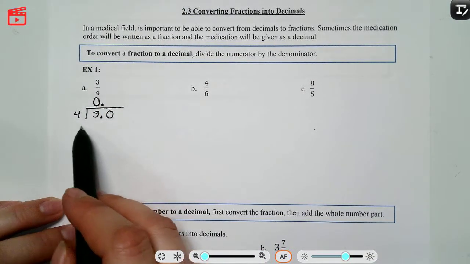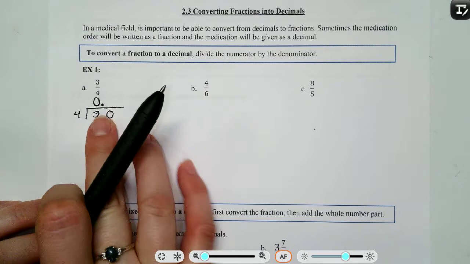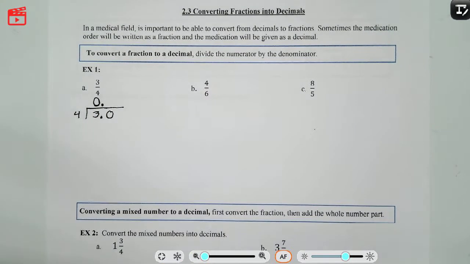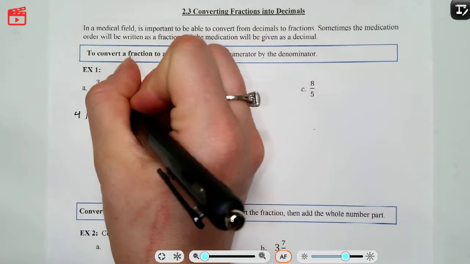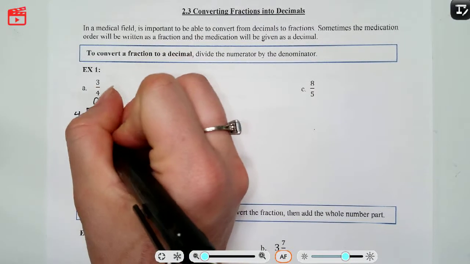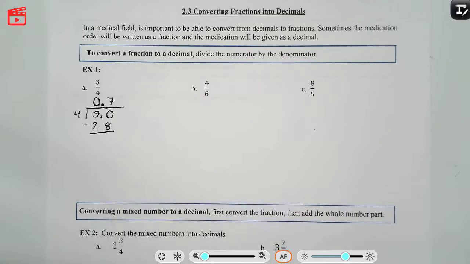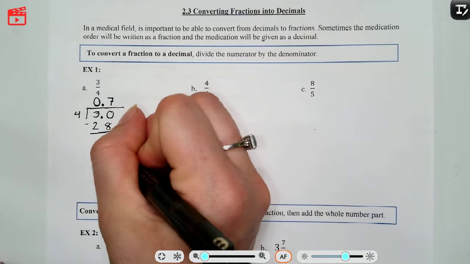So let's add a 0. Can 4 go into 30? Yeah, it can. How many times? 7 times. 28. So we're at 7, so minus 28. And we'll just do the subtraction like you would normally. So that's going to be 2.